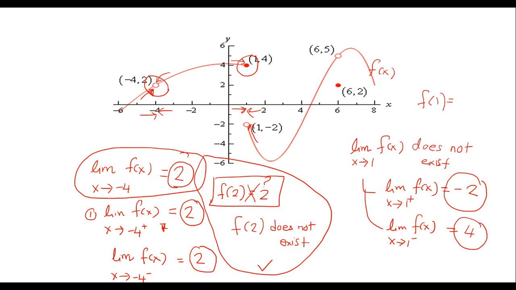So f(1) equals 4 in this case. In this particular problem, f(1) exists, whereas the limit of f(x) when x goes to 1 does not exist.